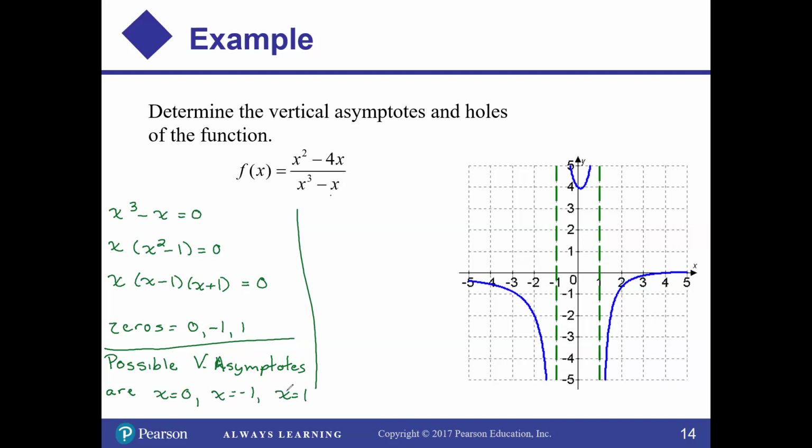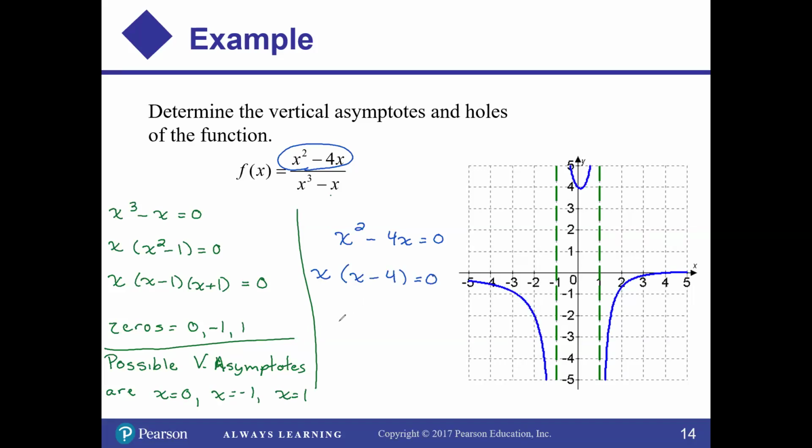So one of these is not an asymptote. You may have noticed looking over here which one it is. We see negative 1, we see 1, we don't see 0. The reason we don't see 0 is because if we look at the top and set that equal to 0, I can factor out an x, and then I have x minus 4 equals 0.